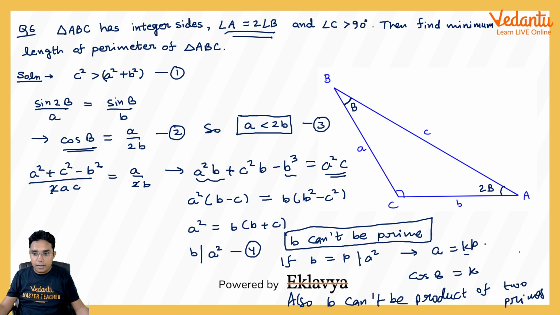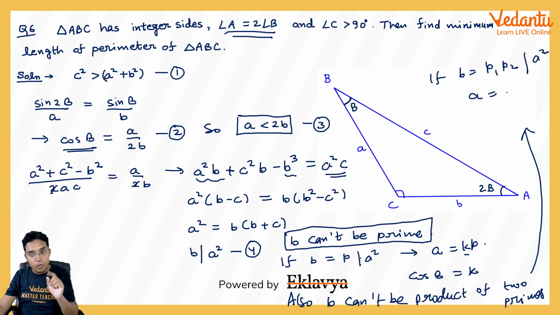Suppose B is equal to the product of 2 primes, P1 and P2, and they divide A square, then A should have both the primes in it, P1 also, P2 also, and some other integer will be multiplied here. So once again with the same logic, cos B will become equal to K. So again, B cannot be a product of 2 primes. I hope you are getting it.